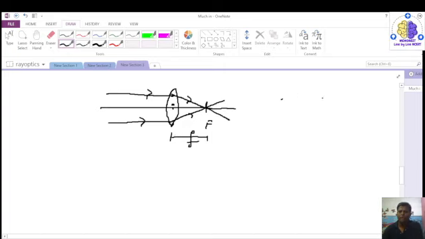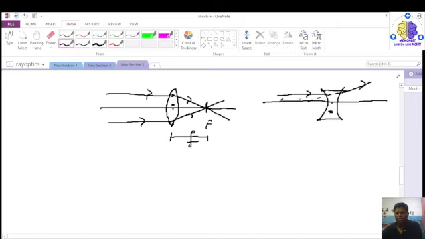Similarly, if you go for a concave lens, this is your concave lens, this is the optical center, and this is the principal axis. A light ray traveling parallel to the principal axis, after refraction, will travel as if it is coming from a point, and this point will be known as the focus.